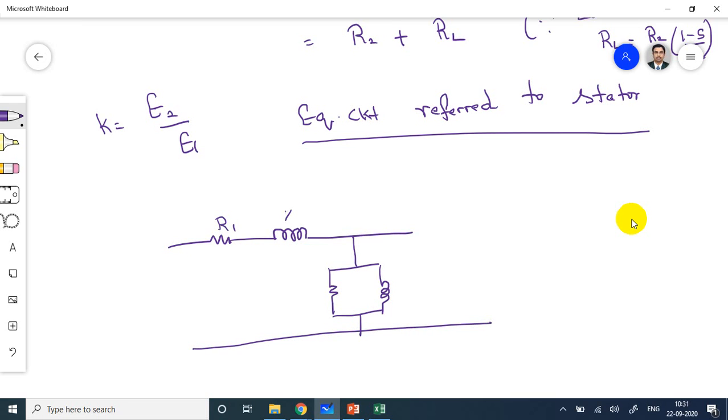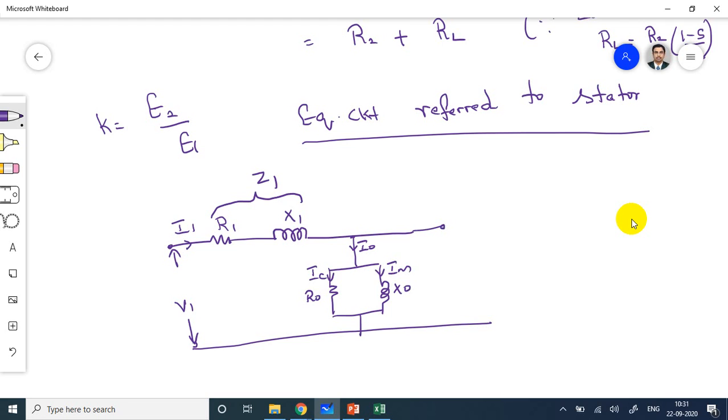R1 X1, the combination of R1 X1 is impedance Z1. So here you are applying V1, this is I1. This is my junction point, I0, R0, X0, IC, IM.